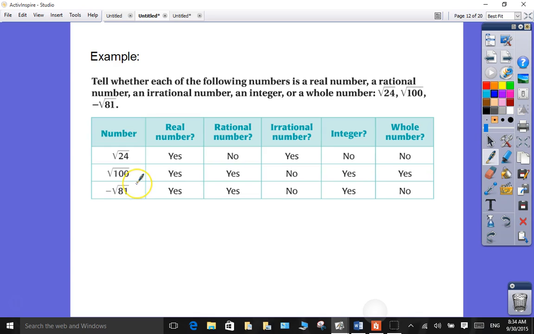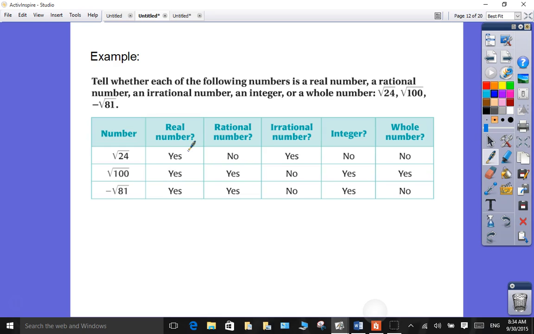Now, what is the square root of 100? It's 10. So which number sets does that fall into? That falls into whole, integer, rational, real. All four. Right? Can a number be both rational and irrational? No. So those two columns are always going to be opposite of each other.